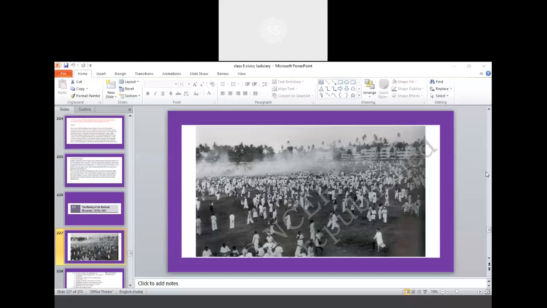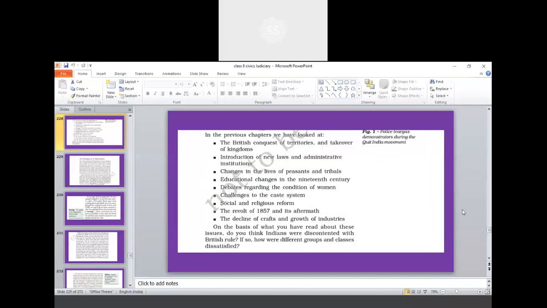Because we studied that in the previous chapter, here we study only from the formation of the Indian National Congress till the independence of our country in 1947. Clear? Yes, sir.